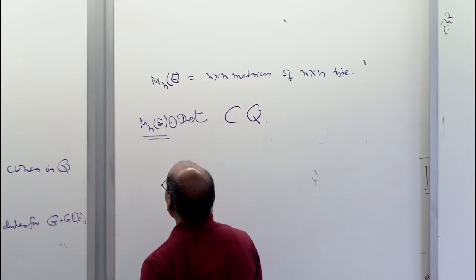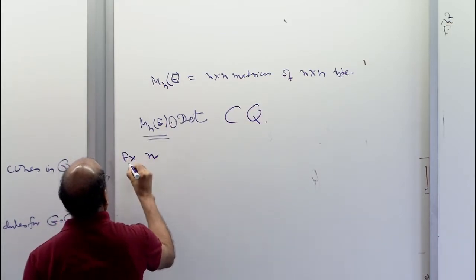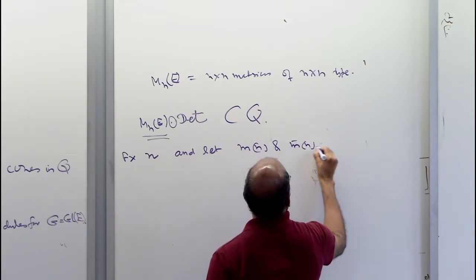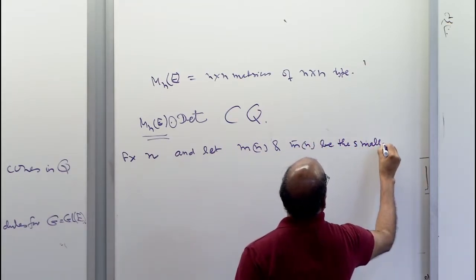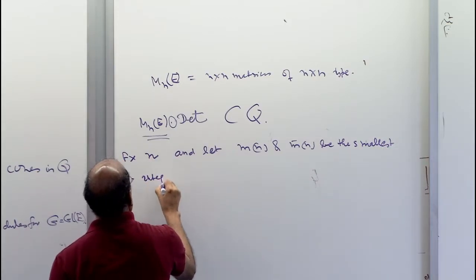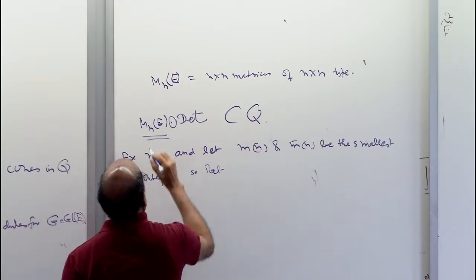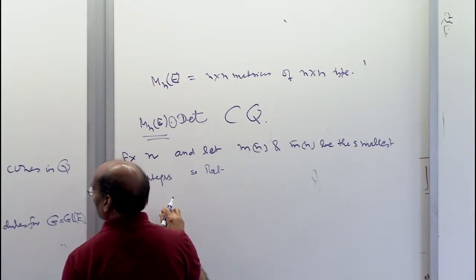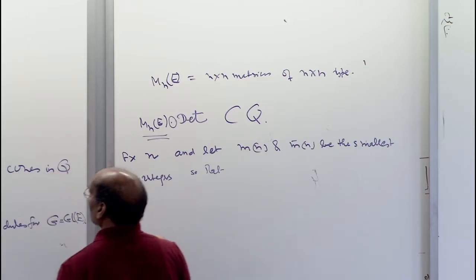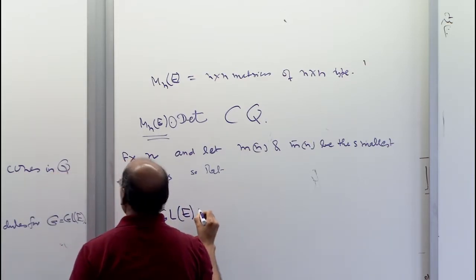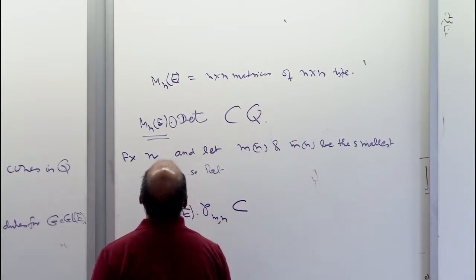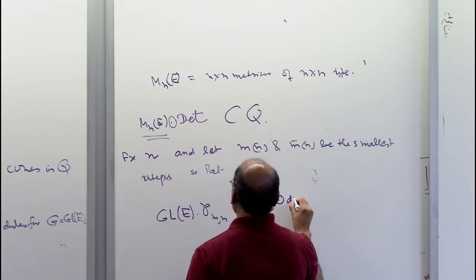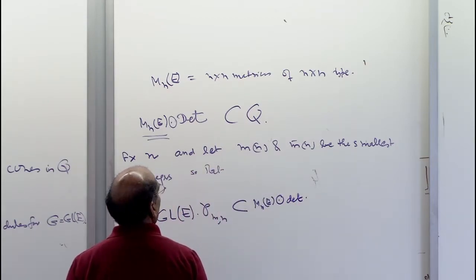That is also sitting in Q. So now let's define two numbers. Fix n, and let m_n and m bar n be the smallest integers so that this, so I will just consider this orbit GL(E) of this permanent sitting inside this one, M(E).